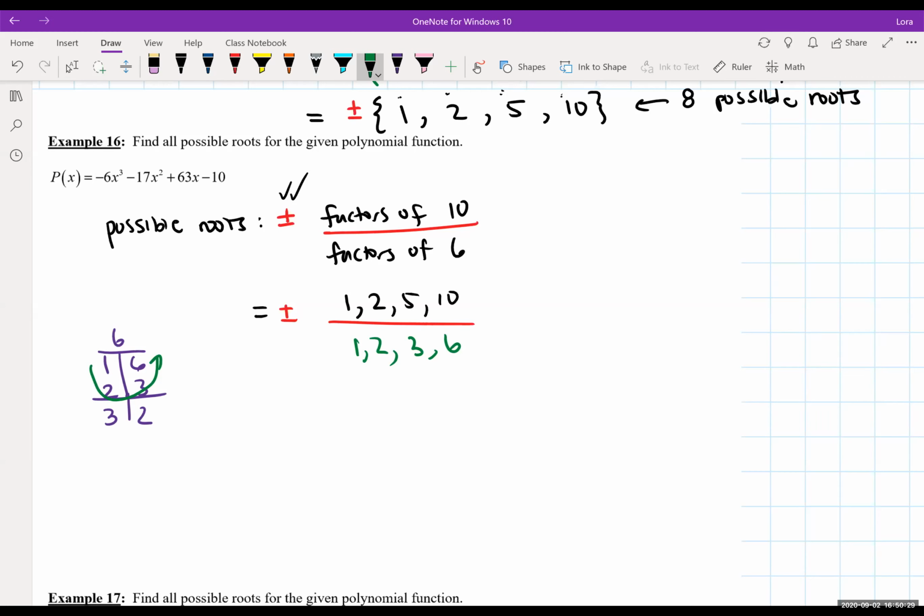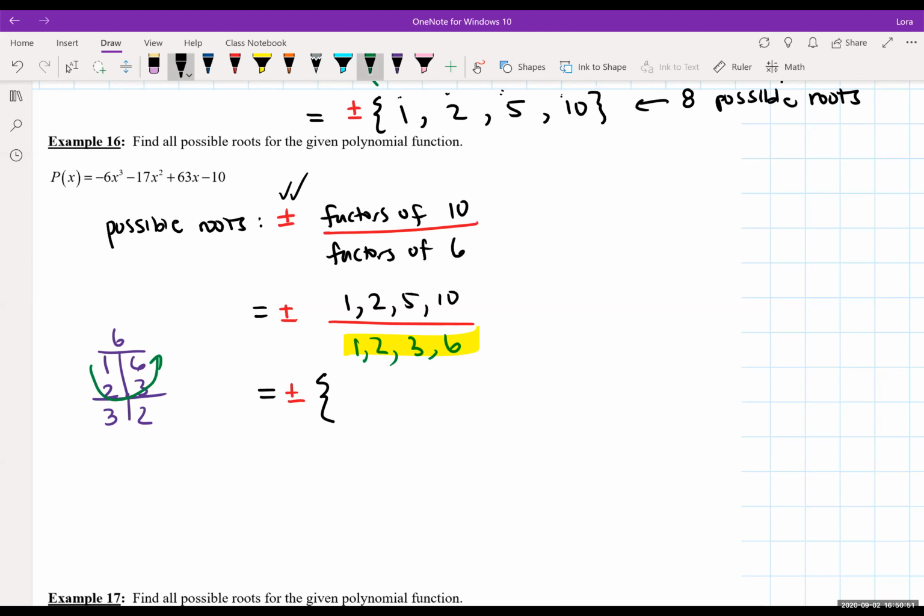But notice we now have more than one factor in the denominator. So the ratios of all of these combinations will take us a little time. So I'll write them out just to be sure. What I'm dealing with still have plus or minus, and since I'm now separating these into all these different factors, I'll use braces.